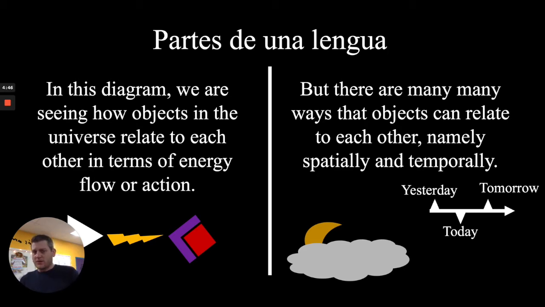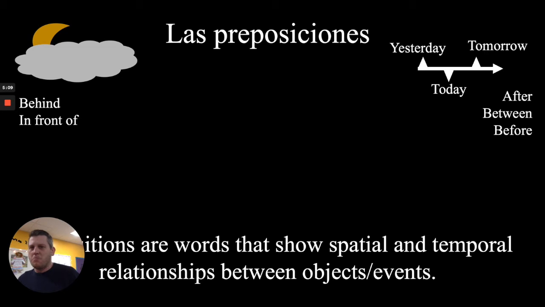Perhaps you're saying tomorrow is after today. Okay, what about this one? Where is today in relationship to yesterday and tomorrow? I'm thinking today is between yesterday and tomorrow. Well, all of these words that we have just discussed, behind, in front of, after, between, before, these are all examples of prepositions.